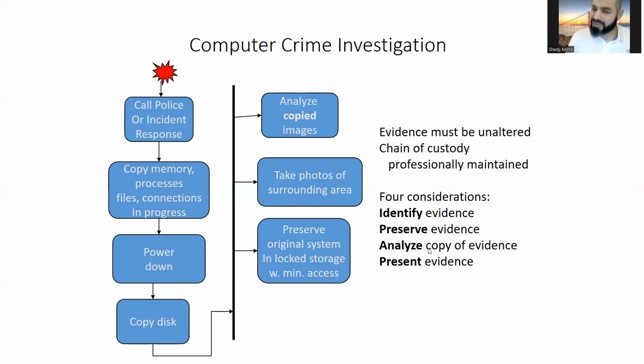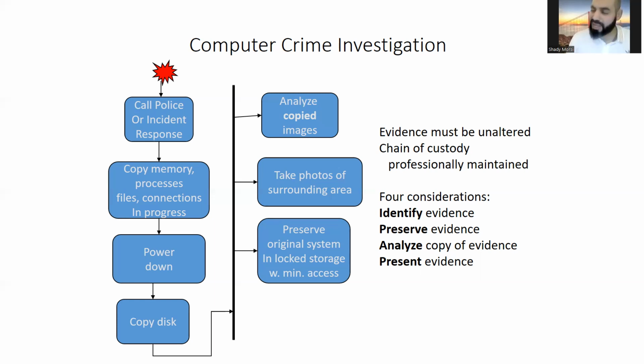And then once I have the computer disconnected, I will start to make a copy image of whatever exists in this computer. They call it a bit-to-bit image. And then I will create 2 copies, and I'll explain why 2 copies. Finally, the computer itself, now I don't really need it anymore, because I took a copy of the memory, a copy of the hard drive, a copy of all the network connections, and a copy of the processes and applications that were running on this computer, and now I have the full picture.